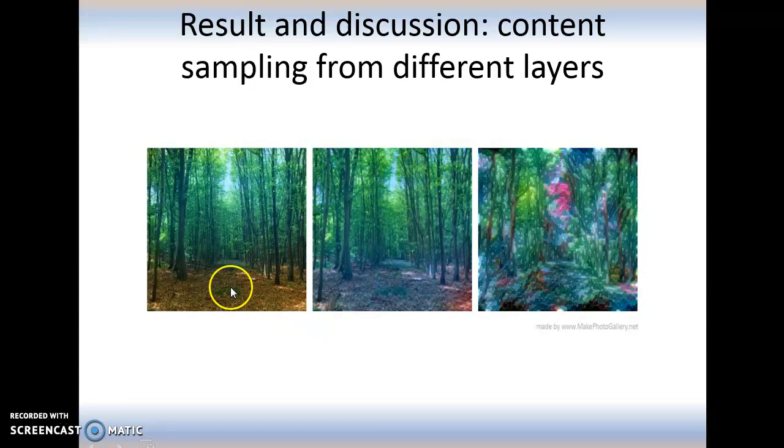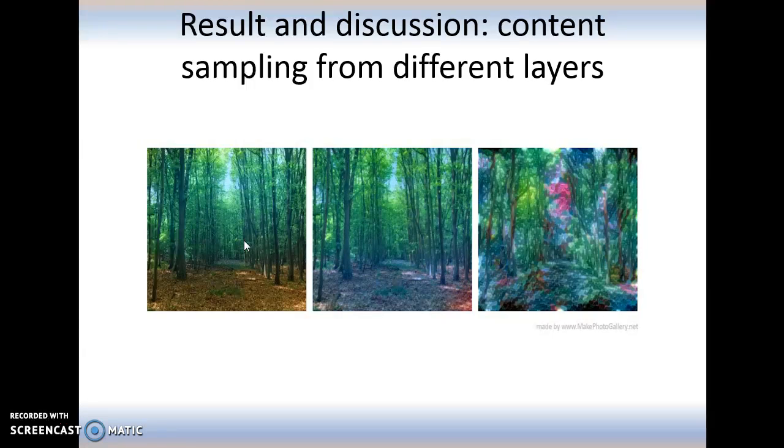When the content is extracted from the second convolutional group, the output image preserves the information of the content image very well, but there is not so much contrast, and obviously not so much style is transferred into this image.